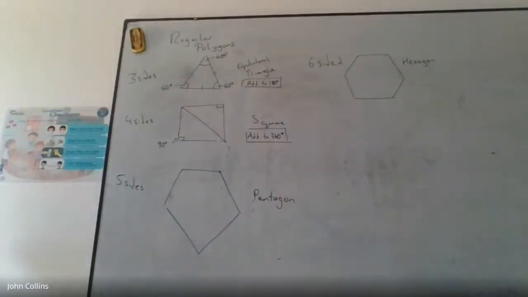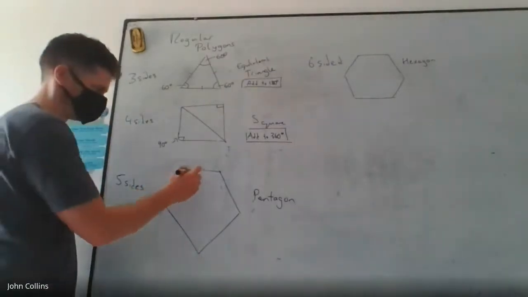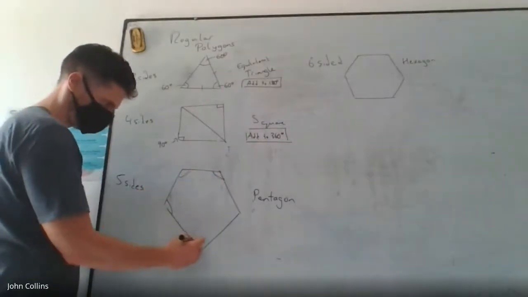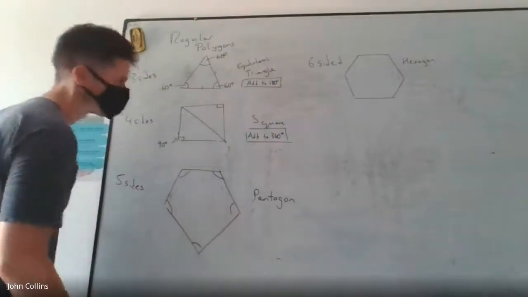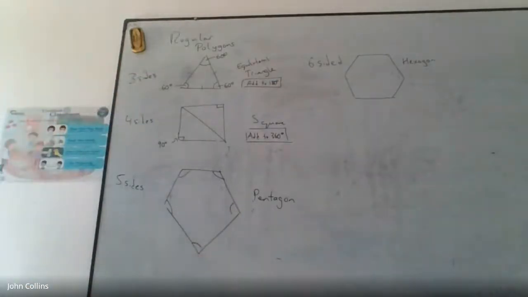If they're all equal size, they should be the same. Yes, they're all the same. Do they all add up to 360?